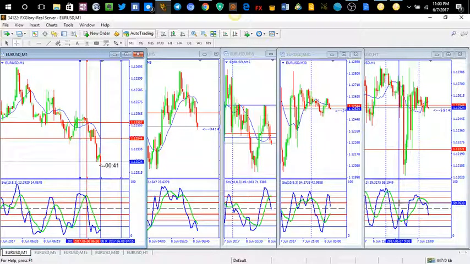The 1 hour just got stronger, the 30 just got stronger, everything just got stronger. So I'm just looking for this 1 minute chart to lean over. You could see that it turned down one time already. It tried to do that again, and then it popped back up.